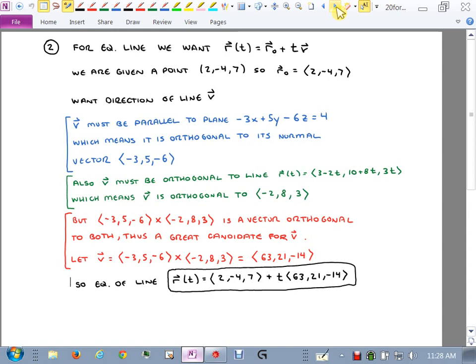But I gave you a line, not a plane, right? So how can I figure out what the direction of my line is going to be? Taking the direction of that line, right? And then I'm parallel to it. So just use the direction vector of that line.